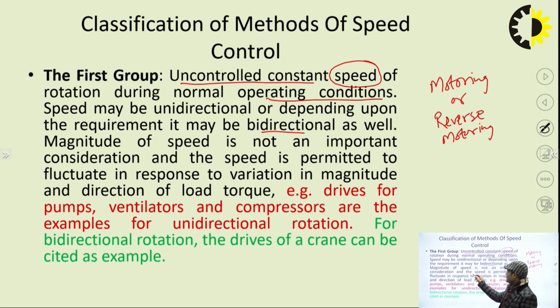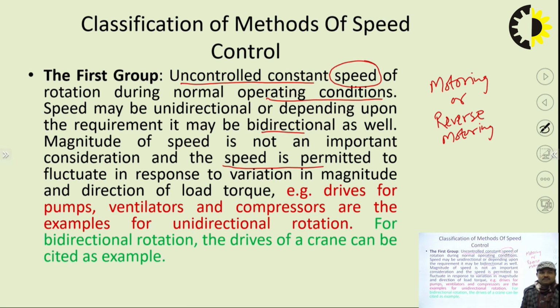Similarly, speed is permitted to fluctuate in response to variation in magnitude and direction of the load torque. So speed will also vary according to load, because we are not going to control the speed.